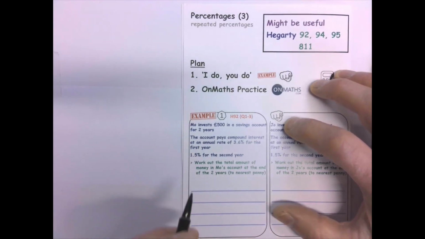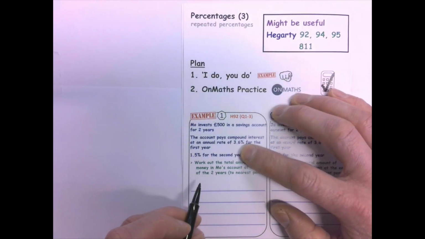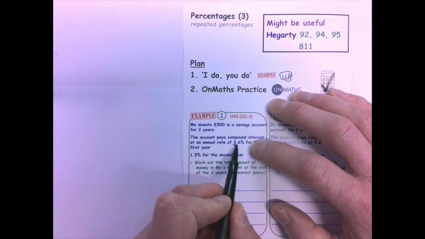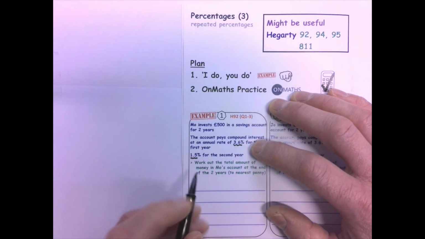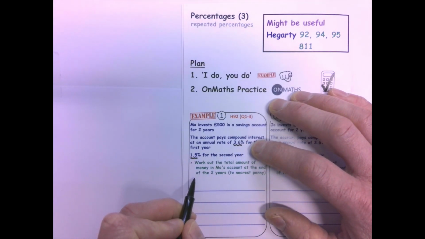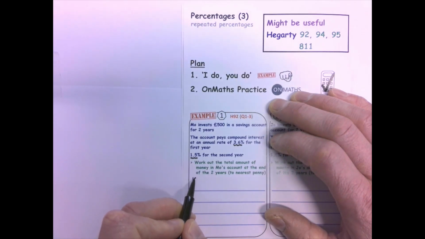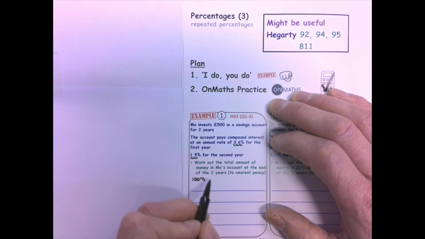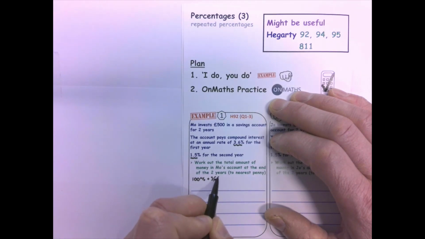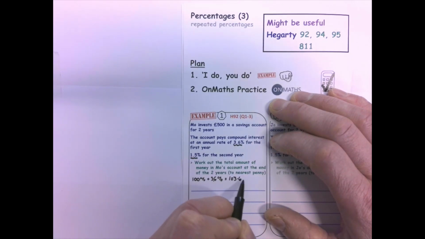Okay, so let's have a look at this then. The first thing we're going to have to do is work out what's going on with our percentages. I've got 2 percentages for the 2 years. In a bank account, I'm going to keep 100% of my money. It's not a loss of money. After the first year, I'm going to have an extra 3.6%, so that's 103.6% in year 1.